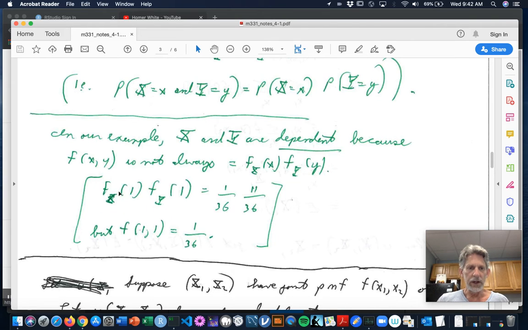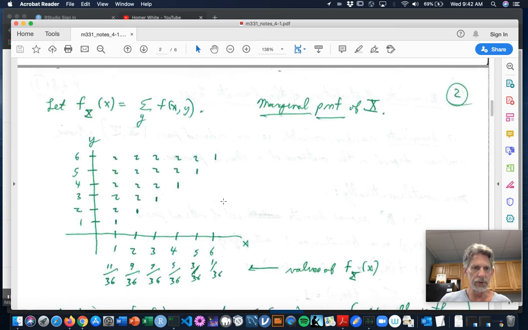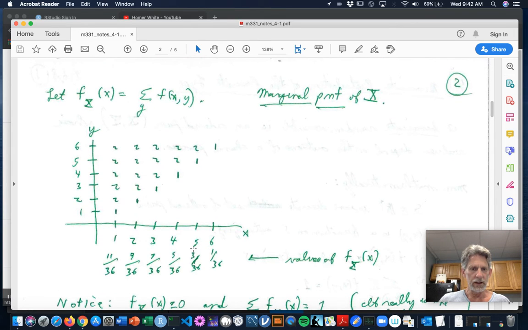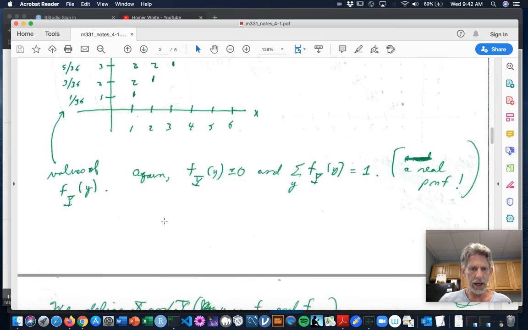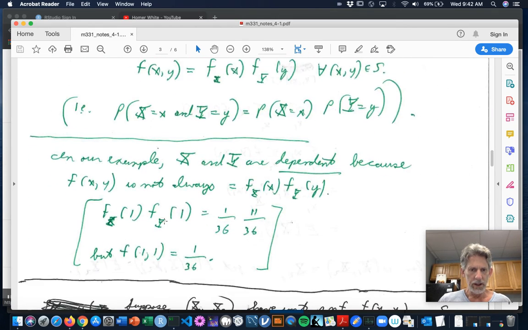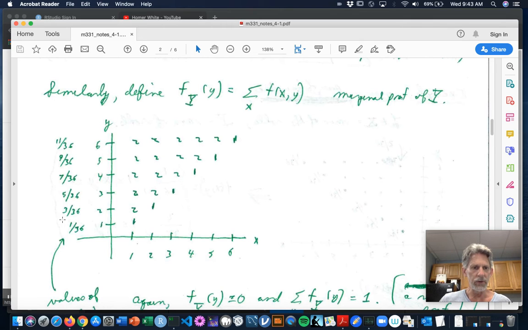But fx of 1 turned out to be 1/36. Here's the fx. That's not right. That's 11/36. And fy of 1, so that's the chance of the max being 1. Let's see, what's the chance of the max being 1? 1/36.